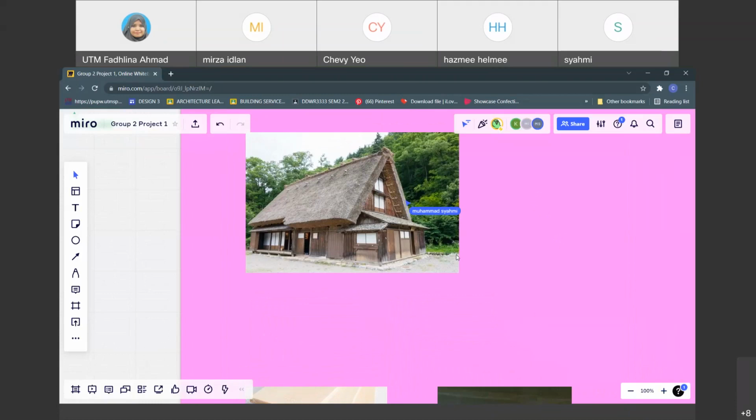Is it something like nipah, rembia and so on? Yes, doctor. Okay, so you need to find the proper materials to cover the roof.